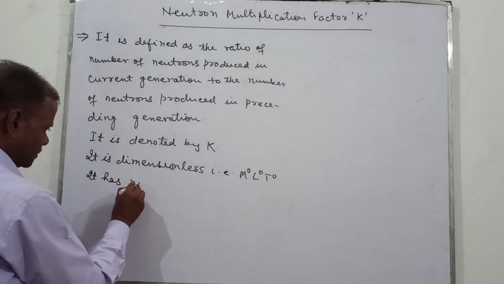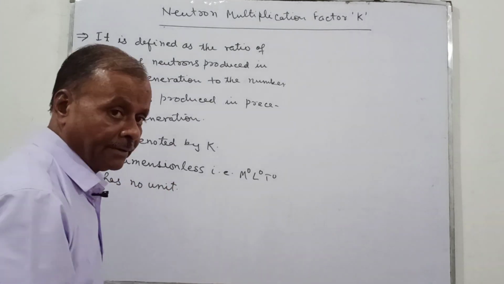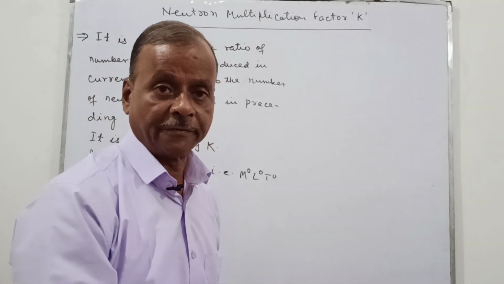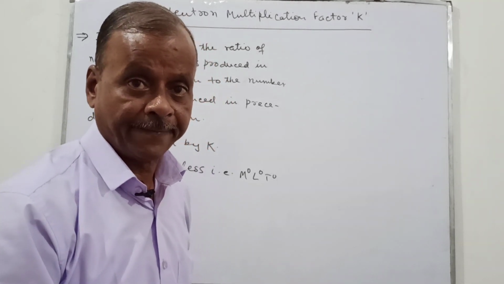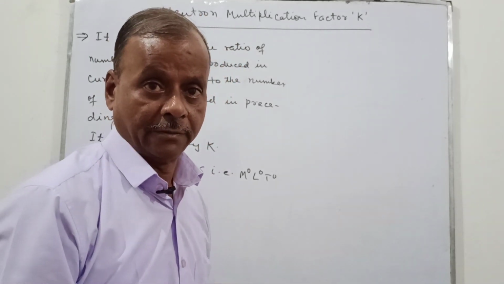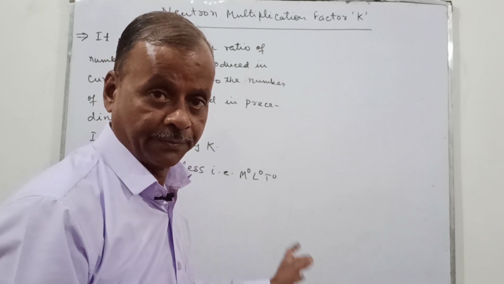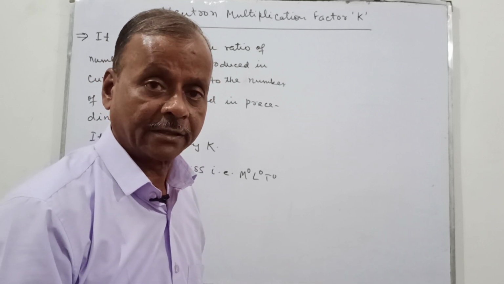This is a very critical point, because many of the students confuse that there must be some dimensional formula for this multiplication factor K.